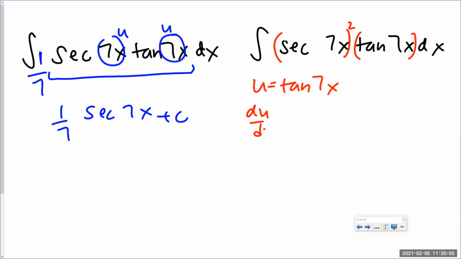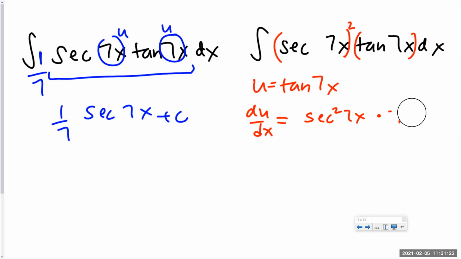Now, a lot of students have trouble with this, but now that you know the integral is you take the integral and divide by 7, guess what this is? You take the derivative, but instead of dividing, you're going to multiply by 7. That's what the derivative is. So the derivative of tangent u is secant squared u times, do you remember what? Times du dx. Okay, if you look at your formula sheet, that's what it will say too.